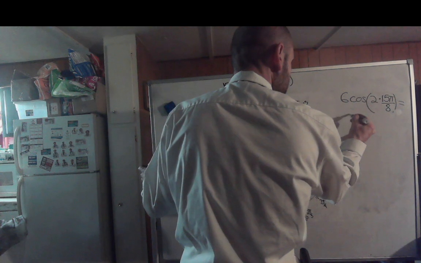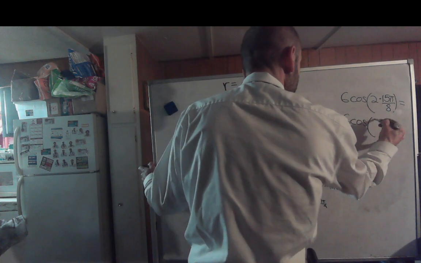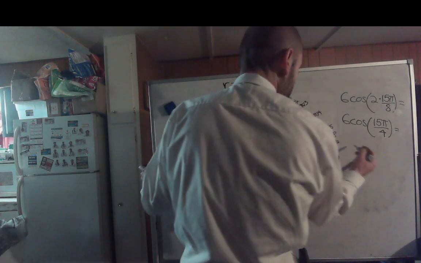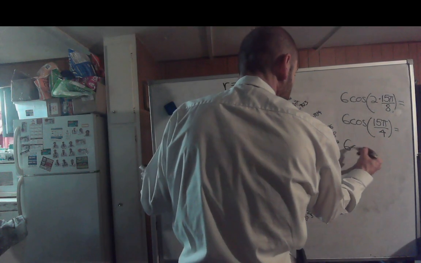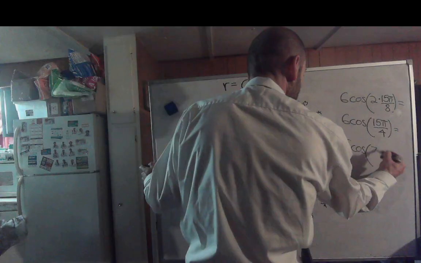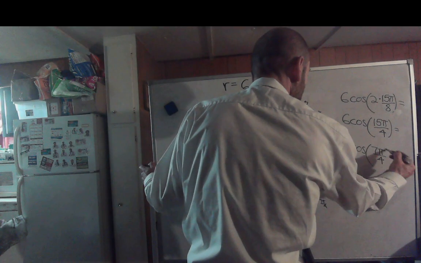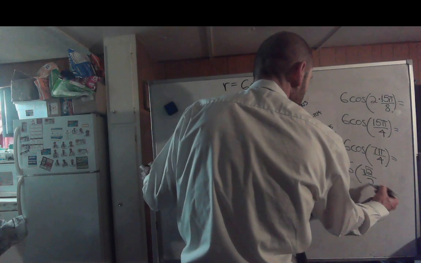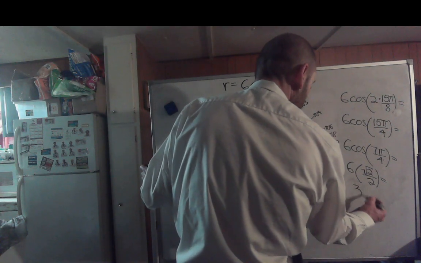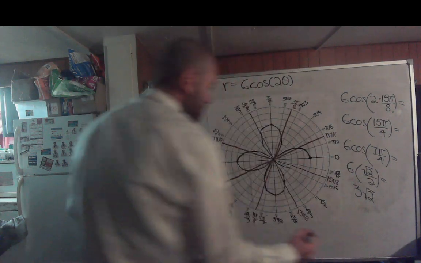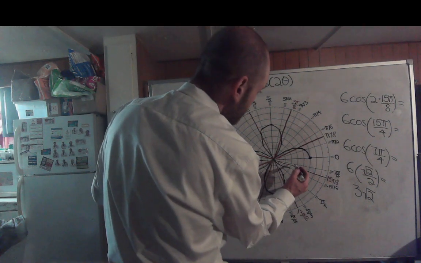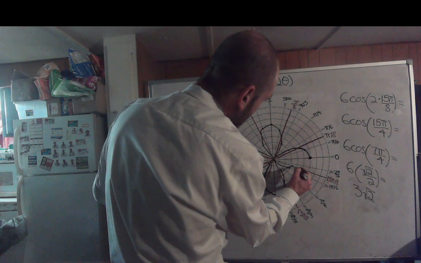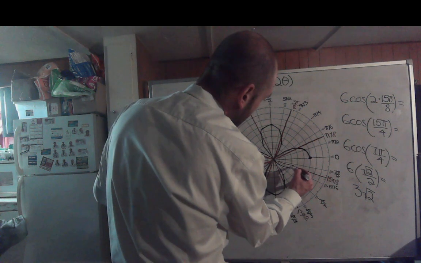Well, that's going to be the same as 6 times the cosine of 15 pi over 4, which would end up being the same thing as 6 times the cosine of 7 pi over 4. So that'd be 6 times the square root of 2 over 2, which would end up being 3 times the square root of 2. Which would be about right there.